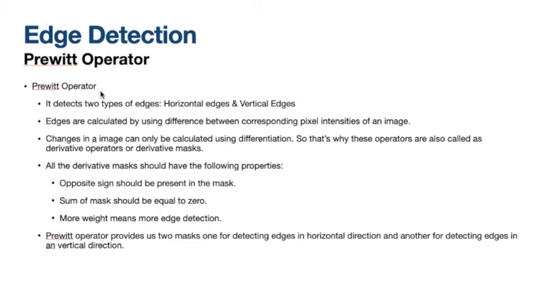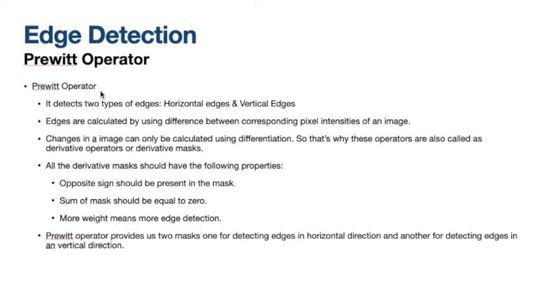So the first one is the Prewitt operator. This operator detects two types of edges, horizontal edges and vertical edges. Edges are calculated using the difference between corresponding pixel intensities of an image. Changes in an image can only be calculated using differentiation.